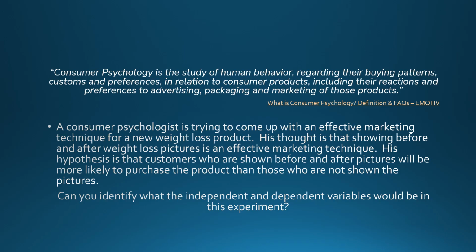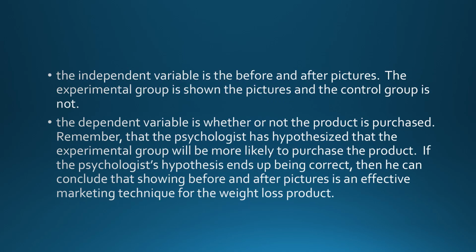Can you go ahead and identify what the independent and dependent variables would be in this experiment? If you can't, it's okay because we're going to discuss that next. So the independent variable, remember what's being manipulated, is the before and after pictures. The experimental group is shown the pictures and the control group is not.